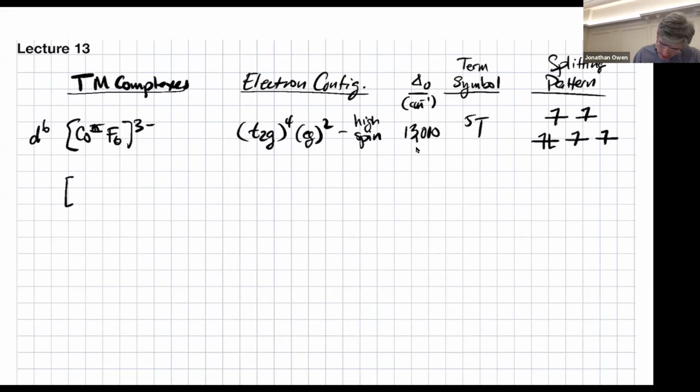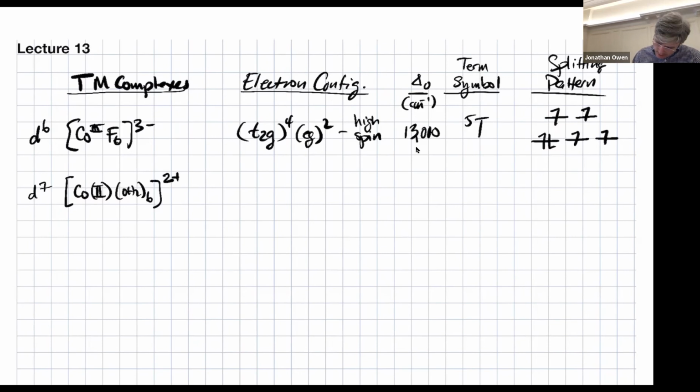All right, now let's take a look at the cobalt-2 hexaquo ion. This is a 2+ complex because you have 6 neutral water ligands around a cobalt 2+. That means D7, because cobalt starts out with 9 d electrons.